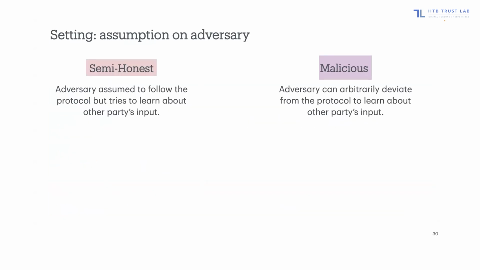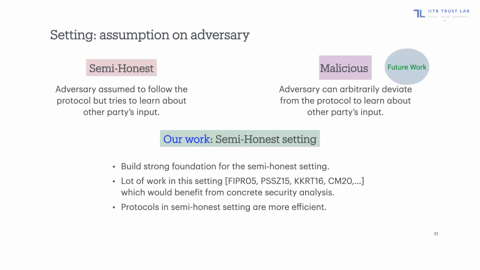Going forward, quickly, I'll just motivate why we are using the semi-honest setting. The semi-honest setting is where adversaries are assumed to follow the protocol as is, and in the malicious setting, adversaries can arbitrarily deviate from the protocol. Our work is in the semi-honest setting.